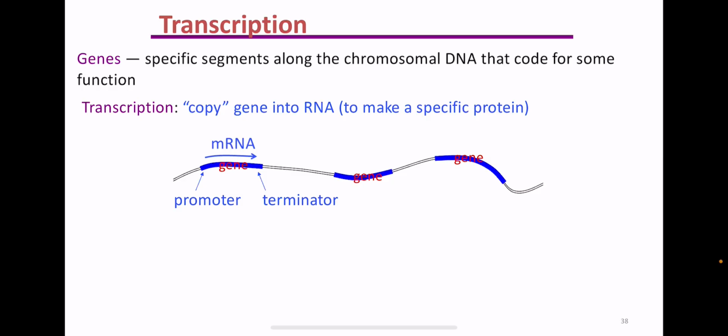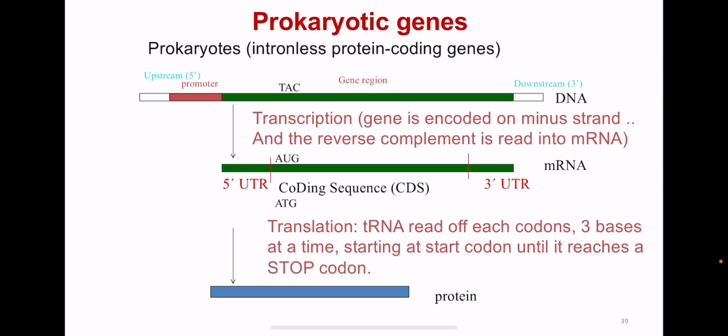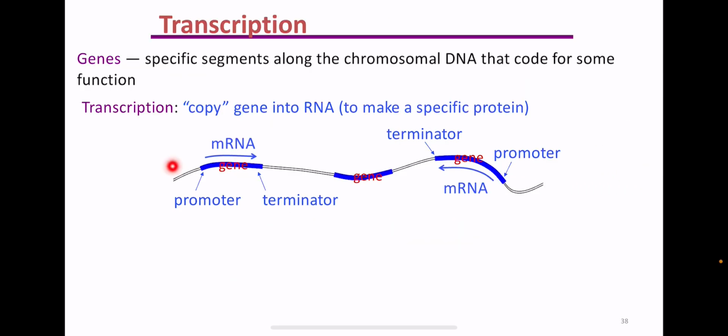Okay, so in your genome we have coding parts and non-coding parts. Only the gene regions or gene sequences are the coding parts. In certain organisms, their genomes are very efficient in the sense that they have little to no introns, or sequences that do not code for anything.